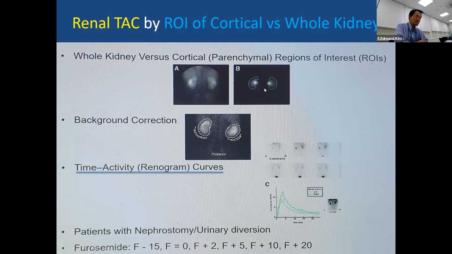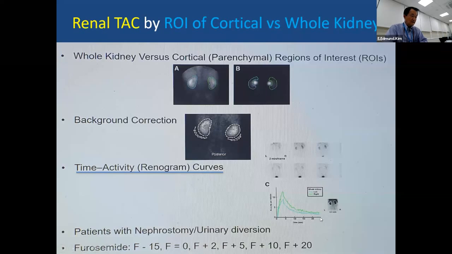So if a patient is lying down supine, then you already see increased activity retained in this renal pelvis. Particularly, there's an anatomical variation. Some have a very large extrarenal pelvis, and that makes it difficult to evaluate. But if a patient is upright, it drains very fast.